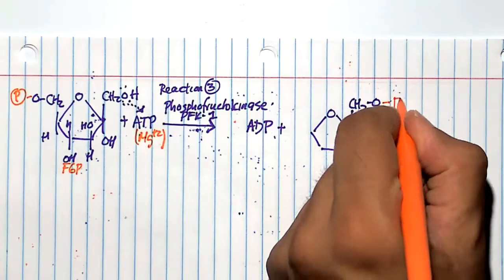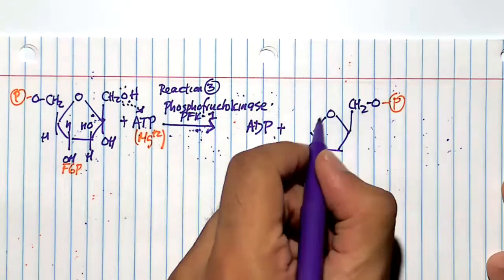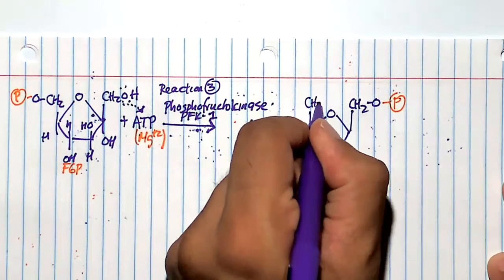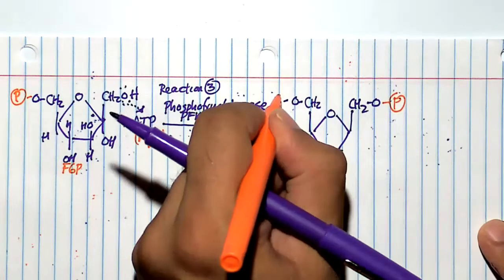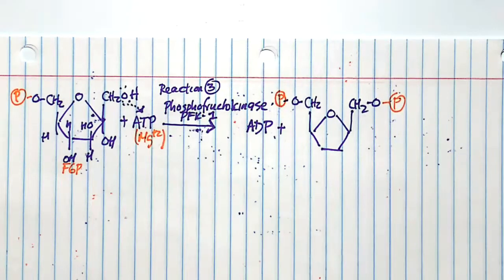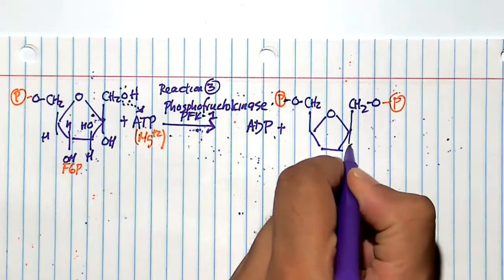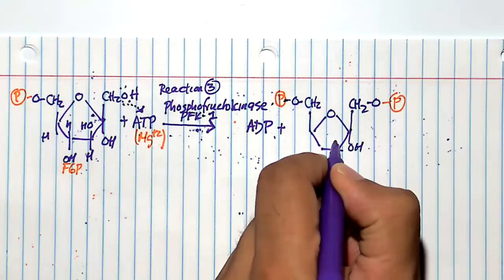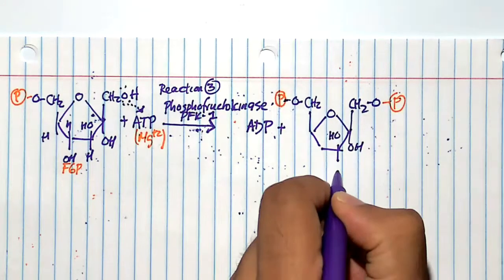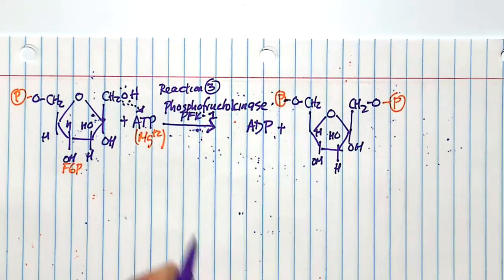I'm going to put it with an orange circle. It's the same thing here. And let me just complete the structure of fructose here. The rest of the ring, or 5-carbon ring, excuse me.